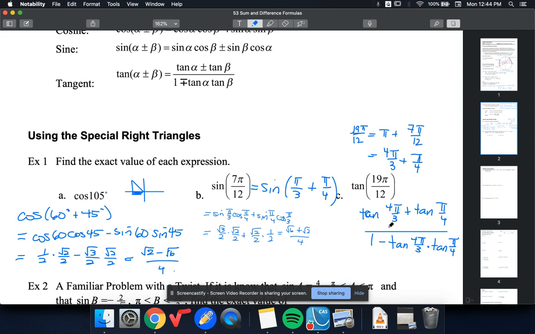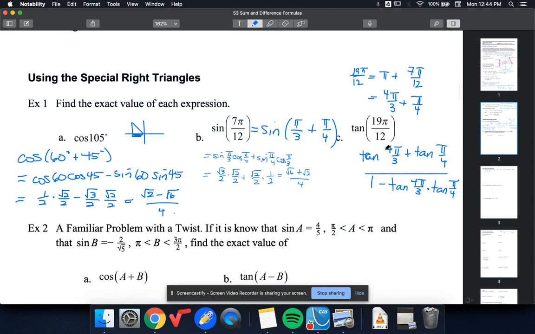All right, 4 pi over 3, that's a quadrant 3 angle, so tangent is positive. It's also my tall angle, so I know it's the bigger ratio, so it's going to be root 3 over 1. So I'll get root 3.